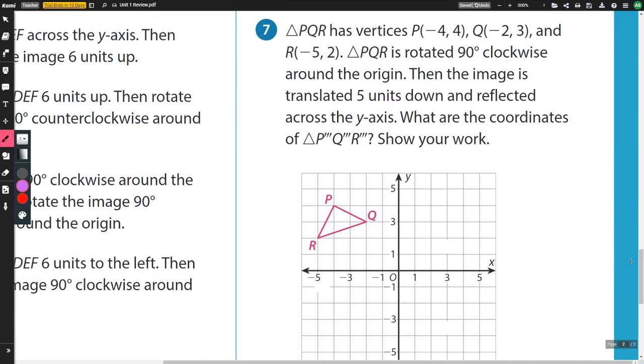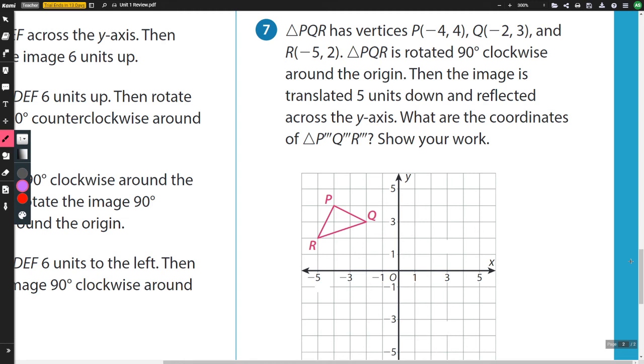Now our last one, number 7. Triangle PQR has vertices P (-4, 4), Q (-2, 3), and R (-5, 2). Triangle PQR is rotated 90 degrees clockwise about the origin.